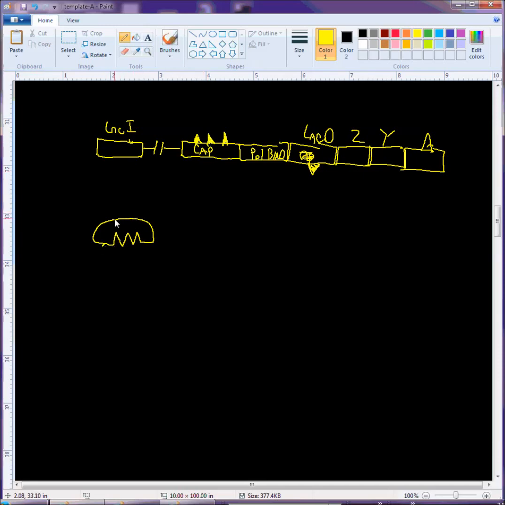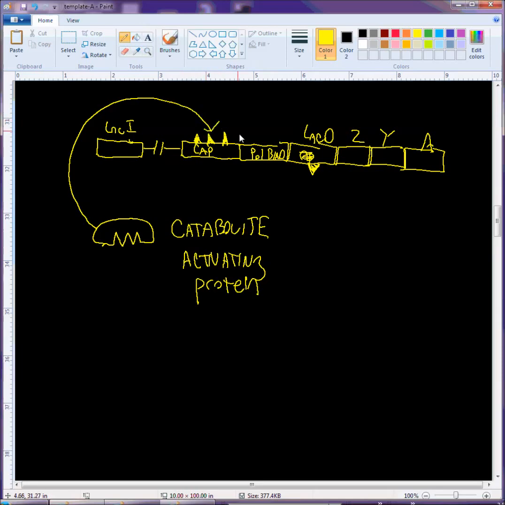CAP, catabolite activating protein, binds here, and when it binds there, it helps RNA polymerase bind to the polymerase binding region of the promoter.